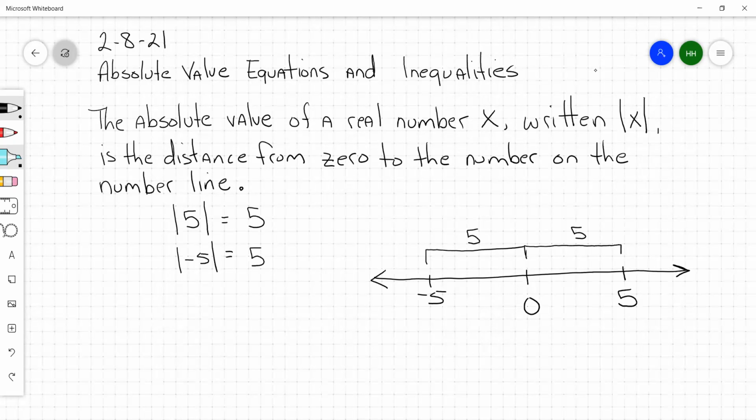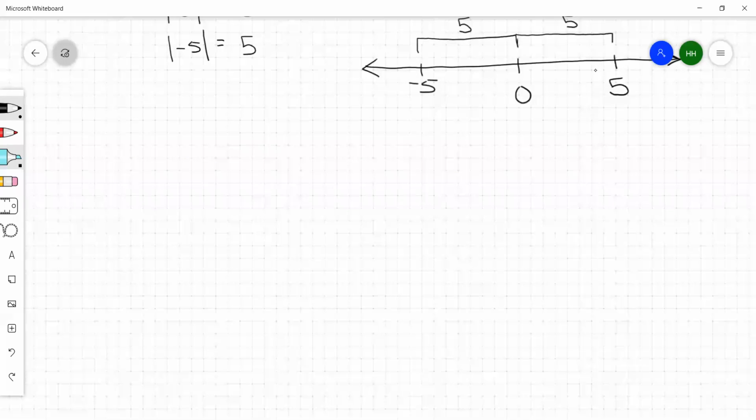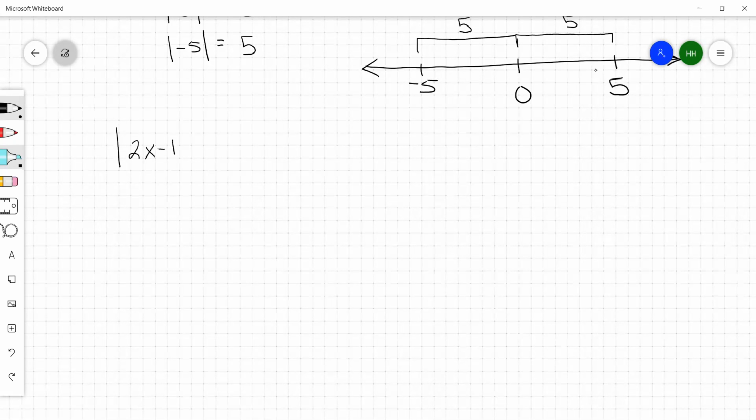So let's take a look at the absolute value of 2x minus 1 is equal to 5.